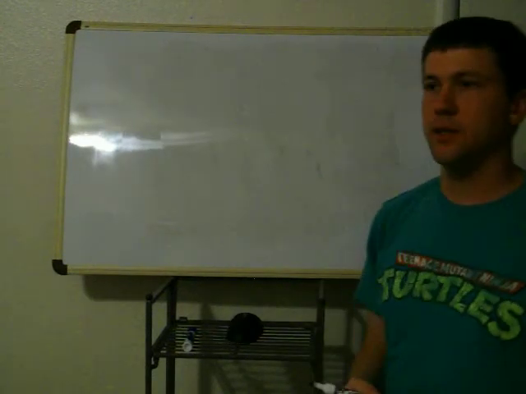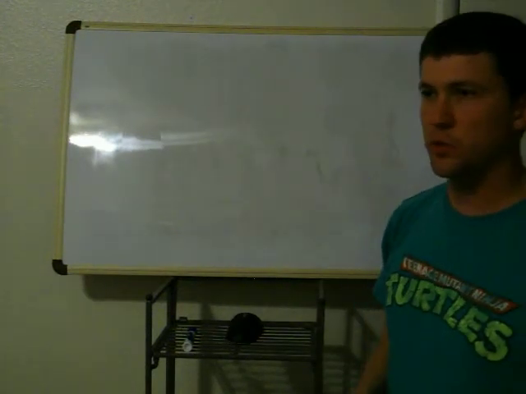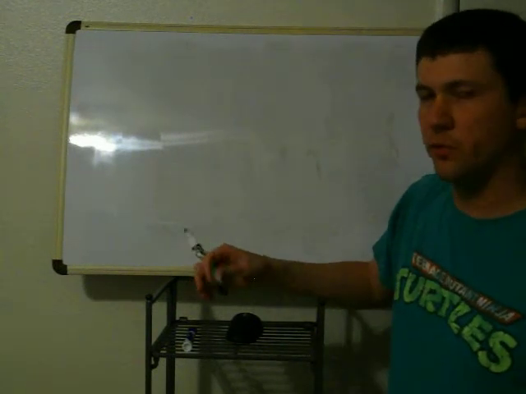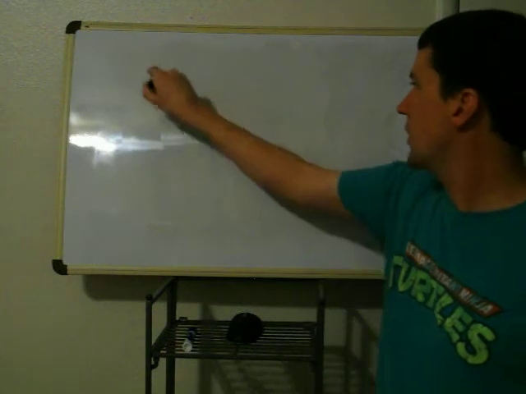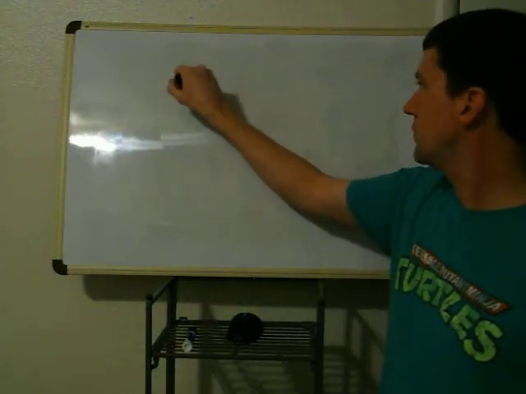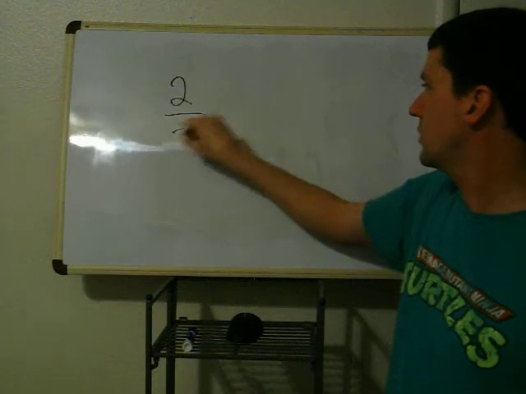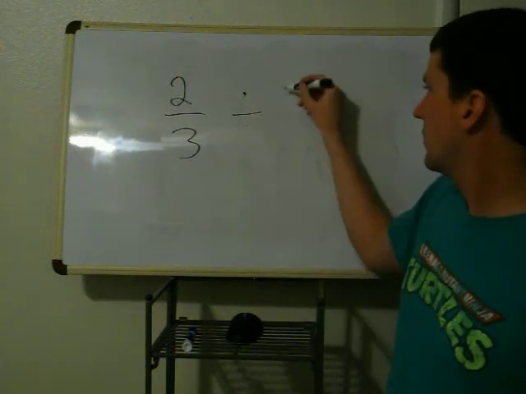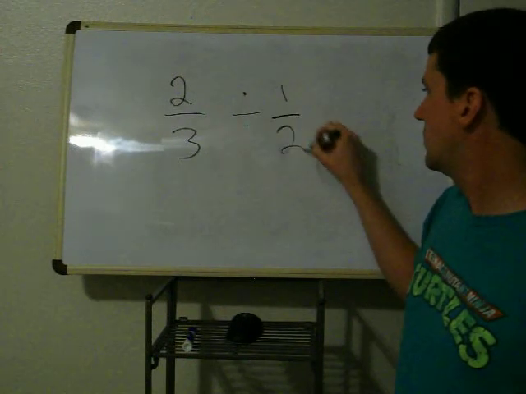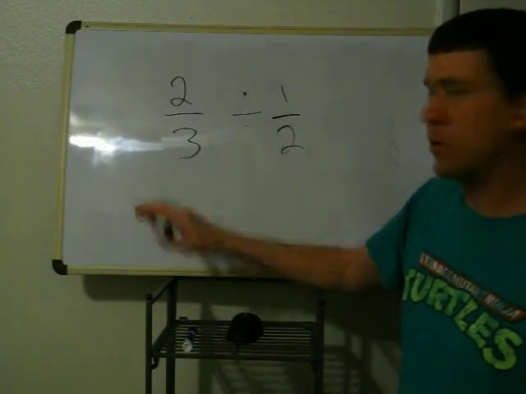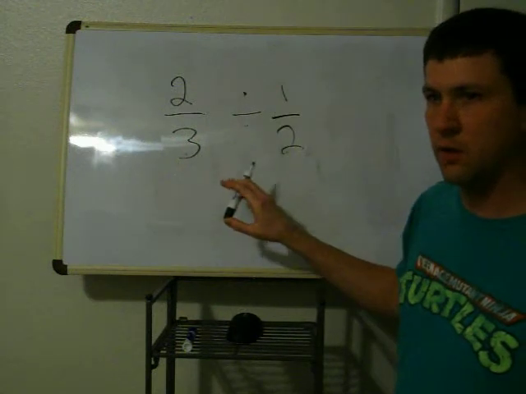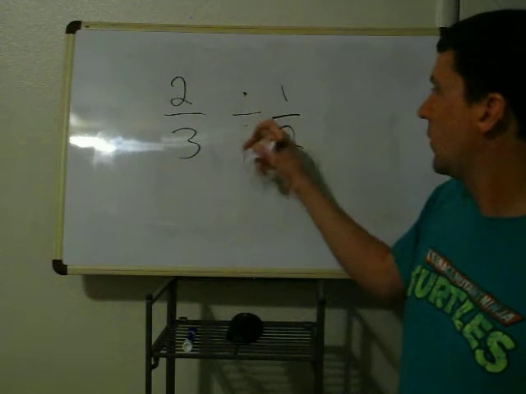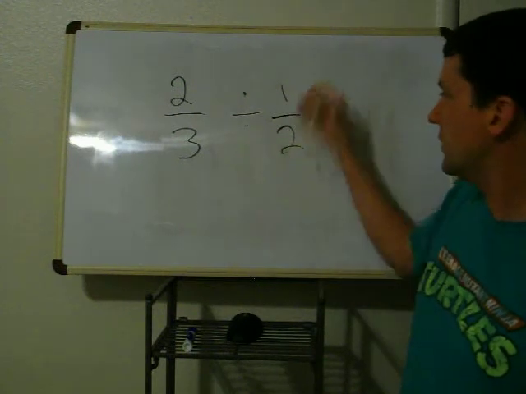Dividing fractions is very, very similar to doing the multiplication. You just need to form the reciprocal of the second number. So let's just do an example. Let's say 2/3 divided by 1/2. Since it's division, we can't just multiply across. We take the reciprocal of the second number.